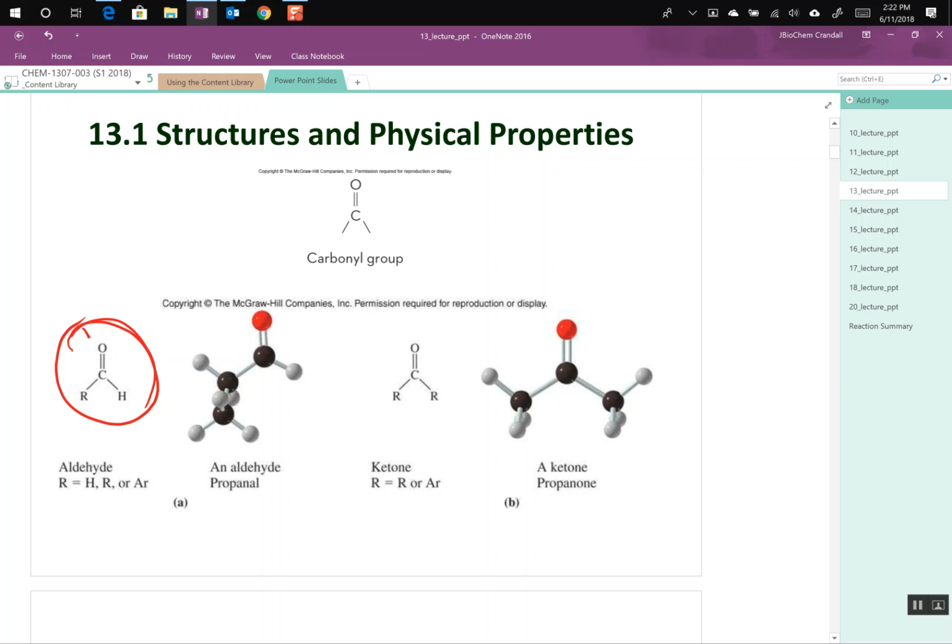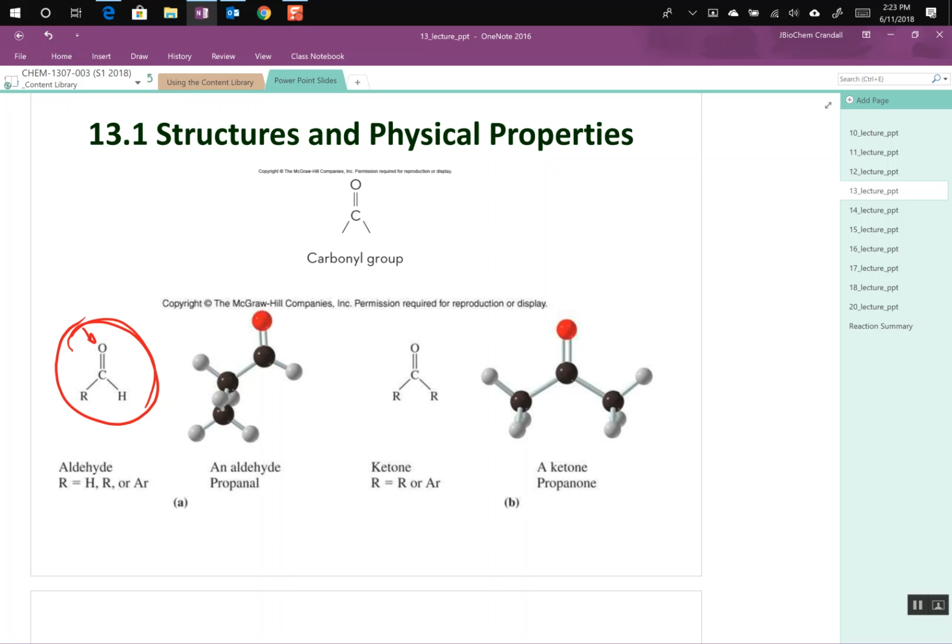Oxygen itself does not hydrogen bond. The oxygen has to have a hydrogen bound directly to it in order for that oxygen to be able to hydrogen bond with the hydrogen of another OH group. Okay, so just oxygen itself does not create that kind of situation.